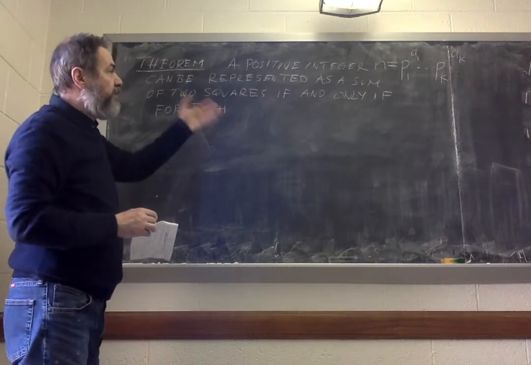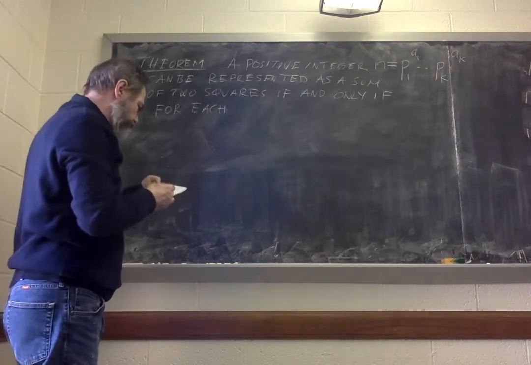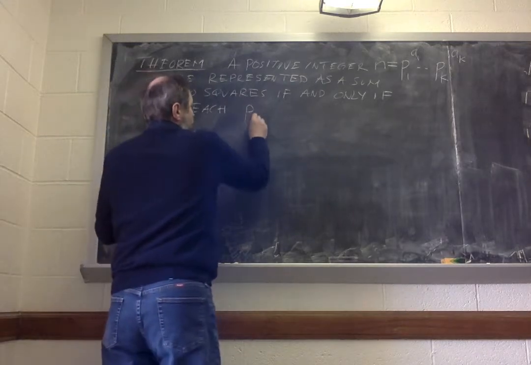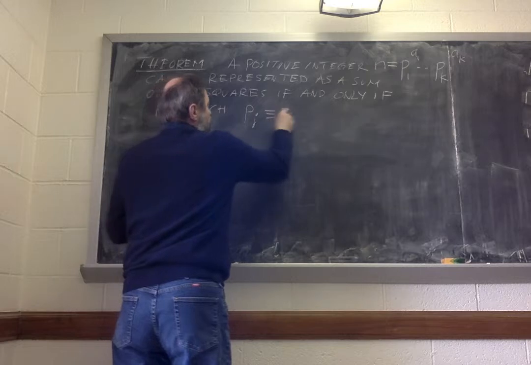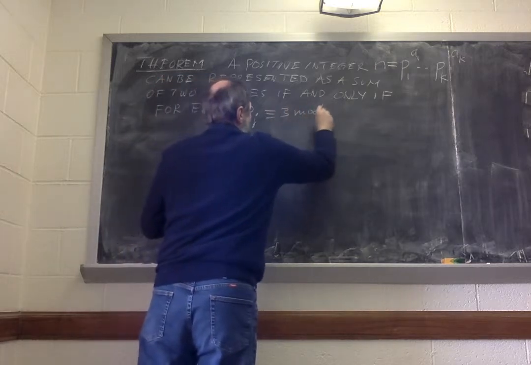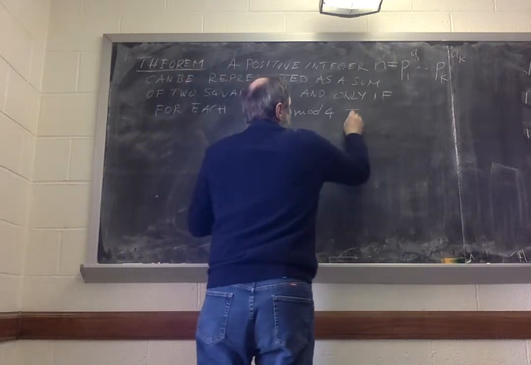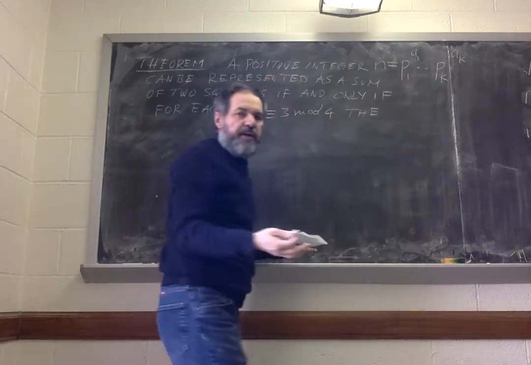So let's see how it's stated. The number can be written as a sum of two squares if and only if for each factor Pj that is congruent to 3 mod 4, the following happens.